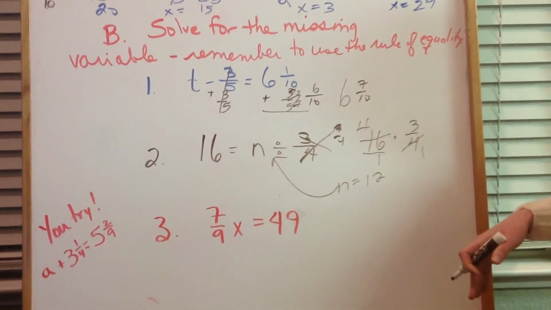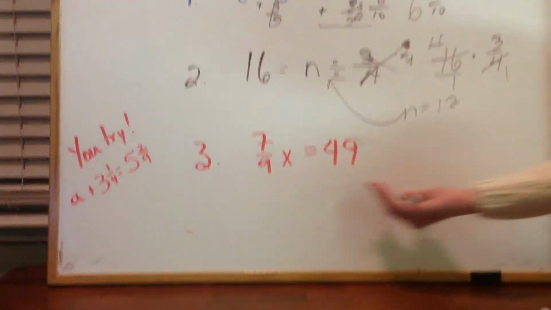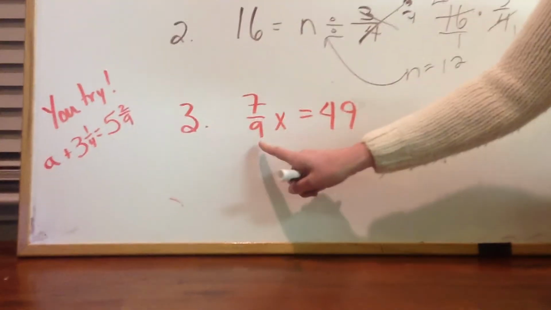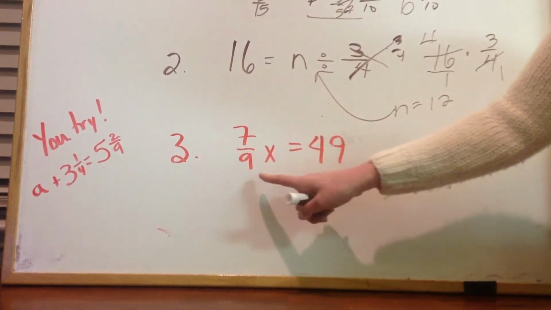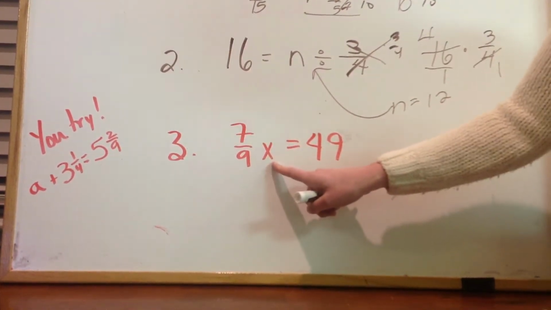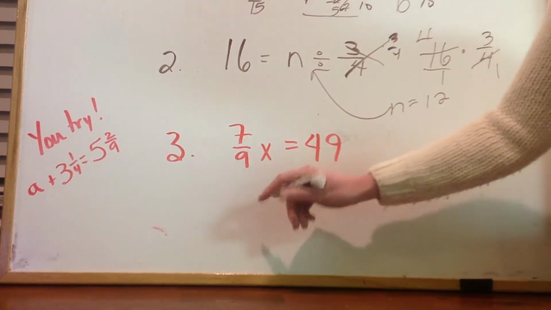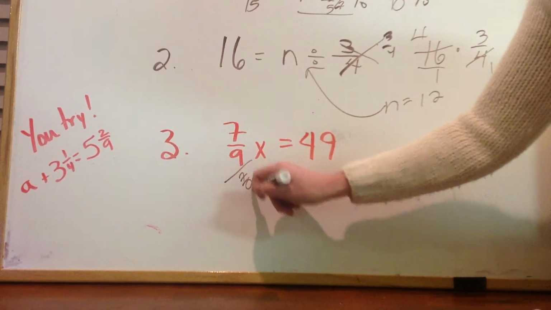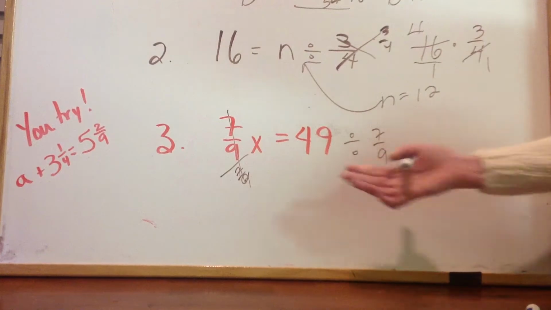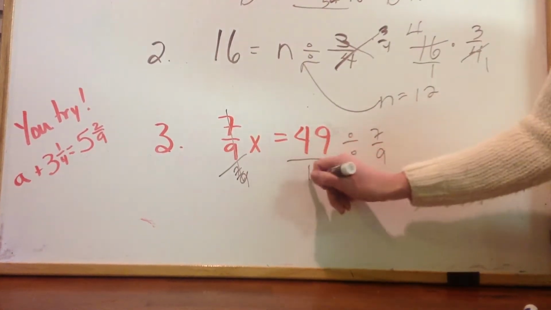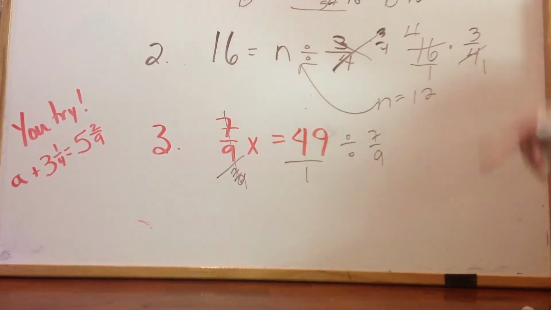Okay? You guys feeling good? The last one we're going to do together, 7/9 times x equals 49. We've got to get rid of our 7/9. It's multiplying, so we're going to do the opposite and divide. Since I divide this side by 7/9, I need to divide this side by 7/9. So first we need to turn 49 into a fraction. What is the rule for division of fractions?